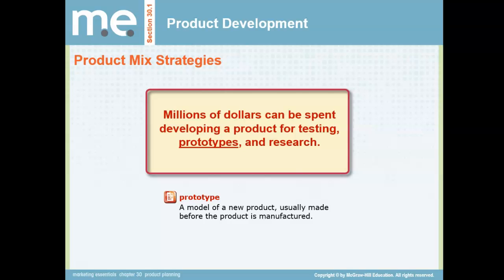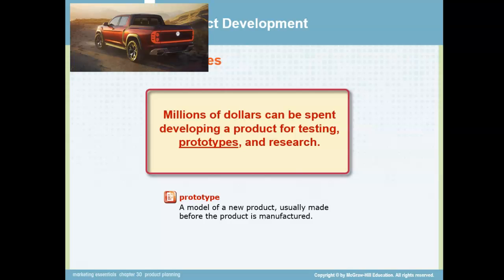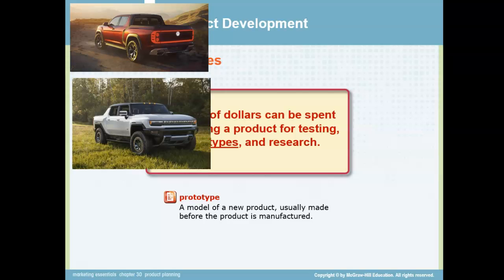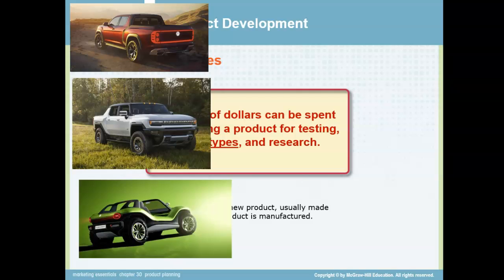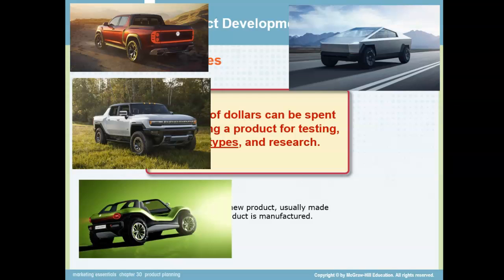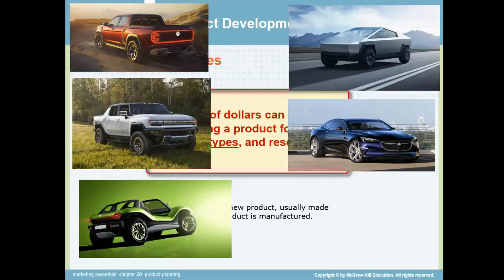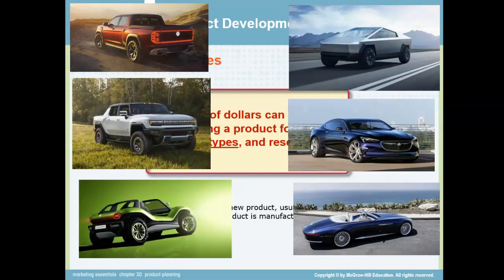So, for your viewing pleasure, new Volkswagen truck, the new electric Hummer, Volkswagen sand dune buggy concept, the Tesla Cybertruck. That is a gorgeous looking Buick that I bet they won't make because it's too pretty for Buick. That is a Maybach concept that I could see potentially being made. But all just beautiful looking cars, very futuristic.